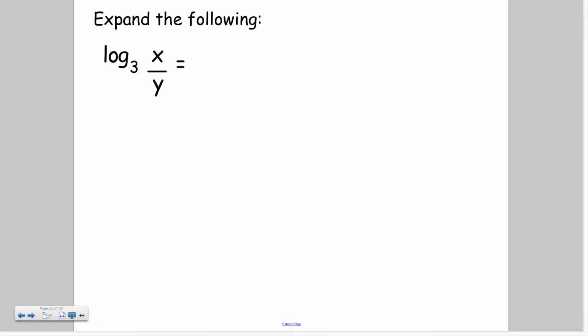So the next page says expand the following. We've got log base 3 of x divided by y. Now, expand means make bigger. So when you expand, you're going from small to big. If I look at this, I am dividing right here.